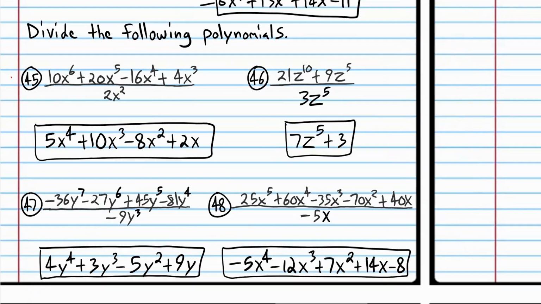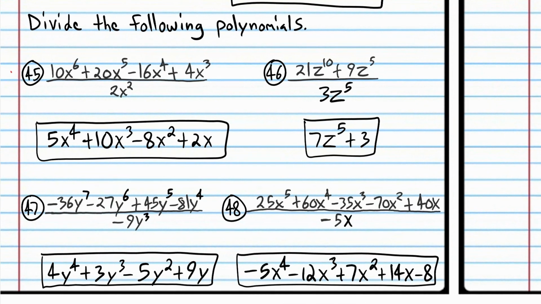Now notice in all these problems we were dividing by a monomial, meaning an expression with one term. In the next class, we're going to divide by an expression with multiple terms, maybe a binomial, a trinomial.